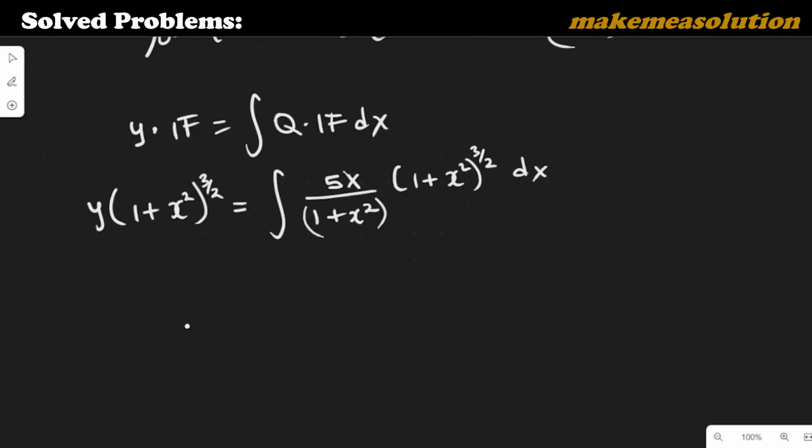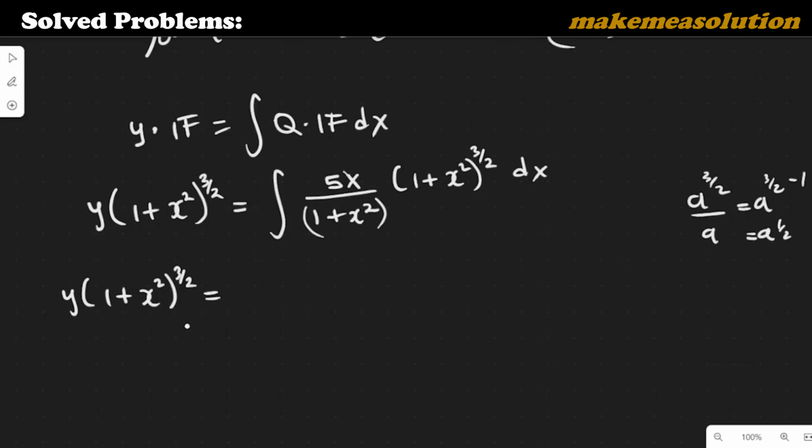So we have y times 1 plus x squared raised to the power of 3 over 2 is equal to, so if you do a raised to the power of 3 over 2 divided by a, it's still the same thing as a raised to the power of 3 over 2 minus 1, which is a raised to the power of 1 over 2.